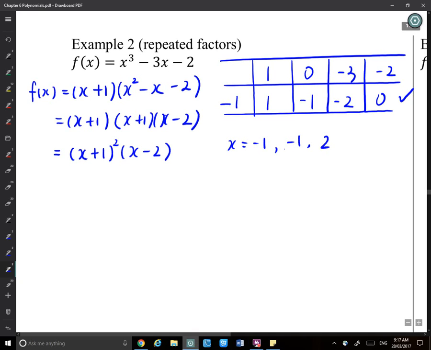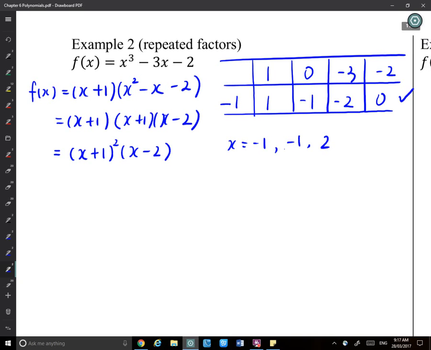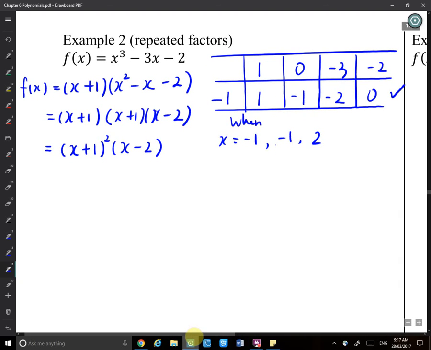You still have 3 linear factors, but one is repeated, so it seems like we only have 2 solutions. So when f(x) equals 0, your x will be those 3 numbers, but it's actually -1, 0, and 2, 0.